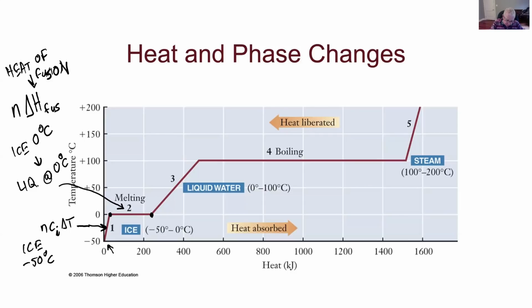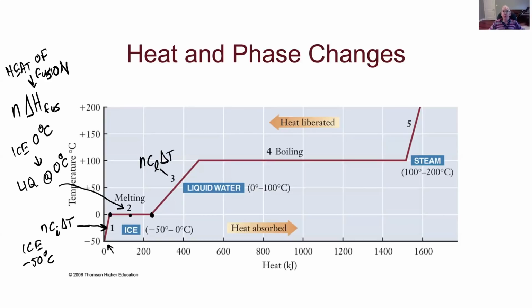So then I get to this corner. At this corner, now I have liquid water still at 0 degrees C, right? If I stop somewhere in the middle here, then I'd have ice water. I'd have some of both, right? When I get to line number 3, now I'm heating up the liquid water again, right? So the amount of heat involved there is another N times C for the liquid, times delta T, right?